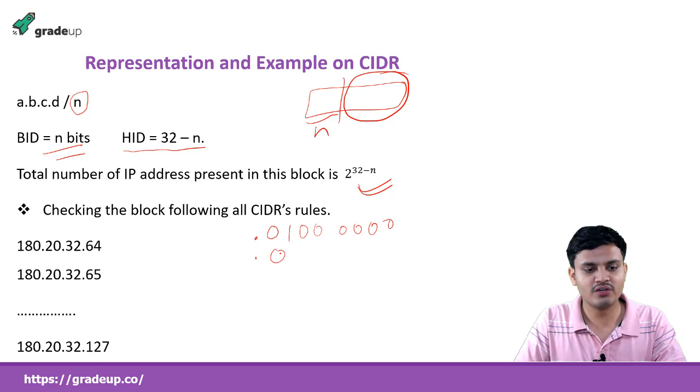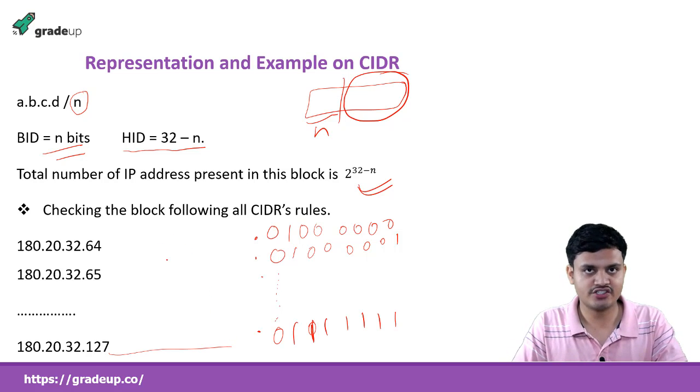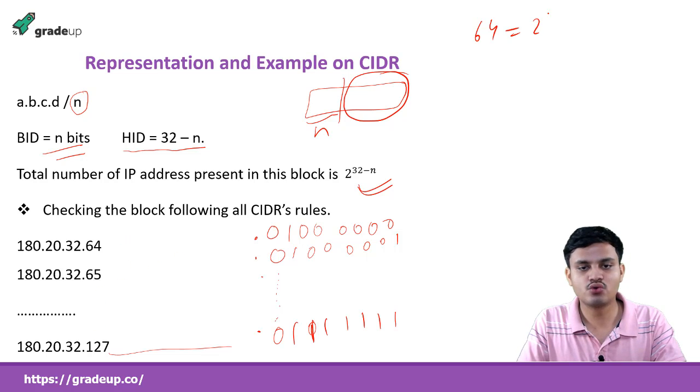And for 65 it will be 0, 1, 0, 0, 0, 0, 0, 1. And so on for 66, it is continuous. And in the end it will be 0, 1, 1, 1, 1, 1, 1, 1, all ones. So it is continuous. Now whether they are in a power of 2 or not: how many of these are there? These are 64, and that is 2 to the power 6. So the second rule is also followed.